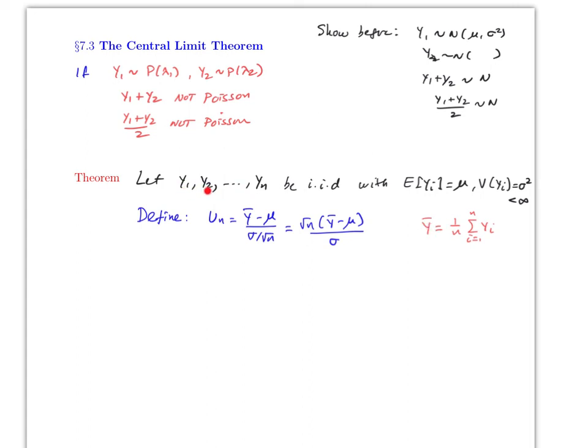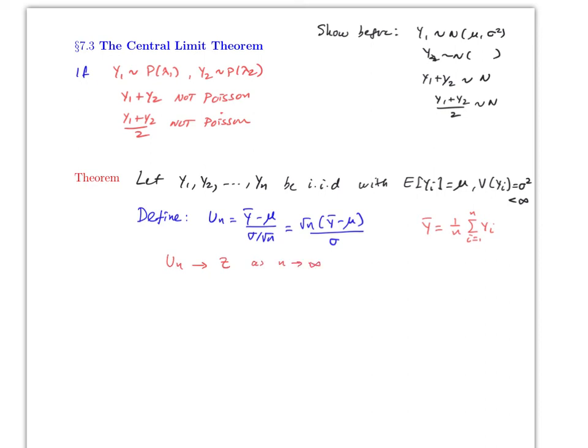But here it doesn't matter what distribution they have. If you define Un to be this, which is what we called z before, then the central limit theorem says that the distribution of Un converges to a standard normal distribution as n goes to infinity.